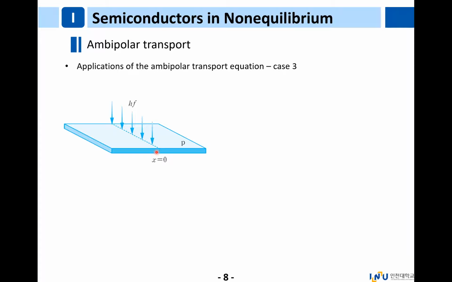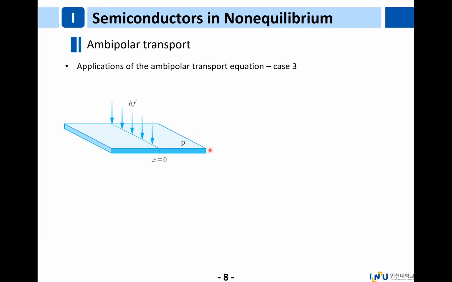In this scenario, excess carriers just generated at specific points will continue to undergo diffusion and recombination, spreading out until they reach a steady state.